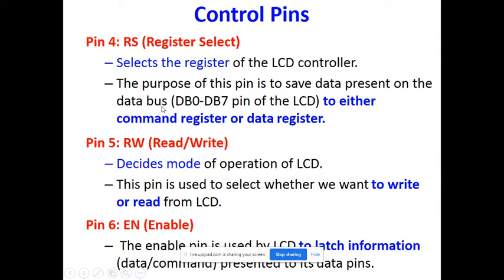The information available on this pin, that is D0 to D7, is latched into the data register or command register as per RS, that we know. But at which instant it gets latched depends upon the enable pin. When the enable pin moves from high to low, means a negative going edge develops on this pin, at that time information gets latched from the D0 to D7 data bus to the data register or command register.